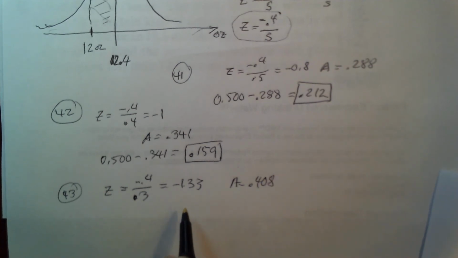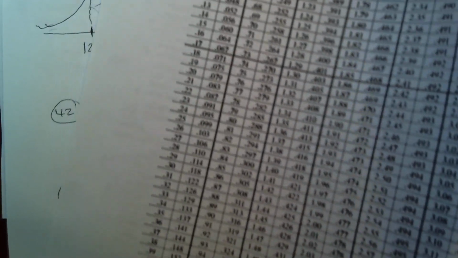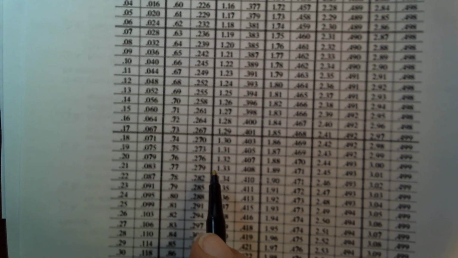Again, let's look in the tables, and the area corresponding to the z-score of 1.33 is 0.408.